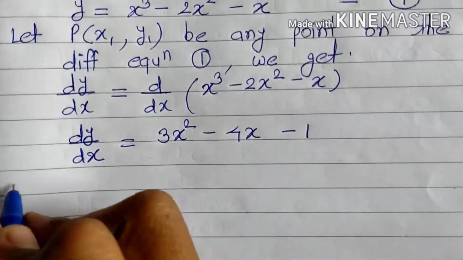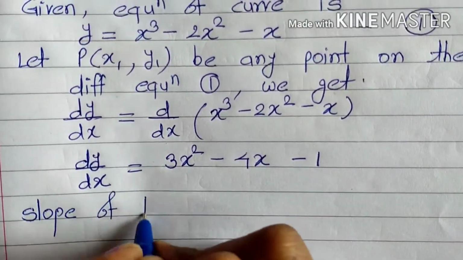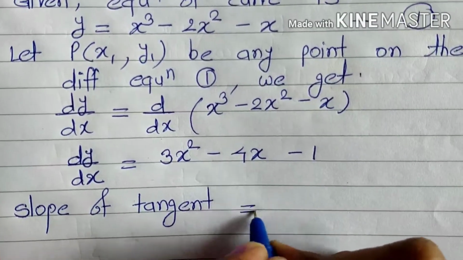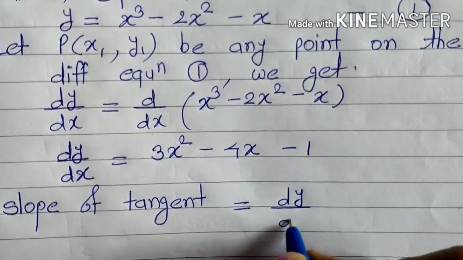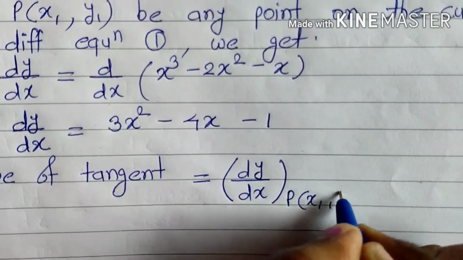So slope of tangent is equal to dy by dx at point x1, y1.